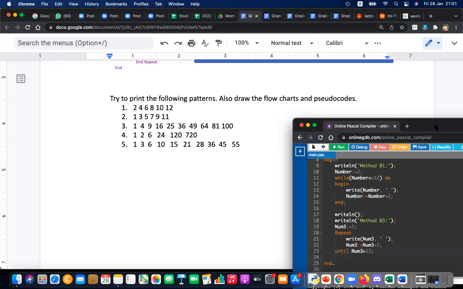Finish. Okay, please take a screenshot if not, and write down and try to do this as homework.